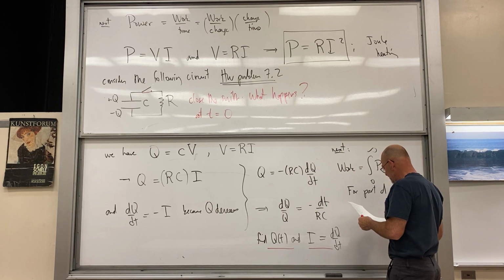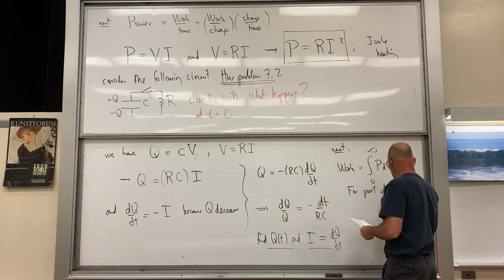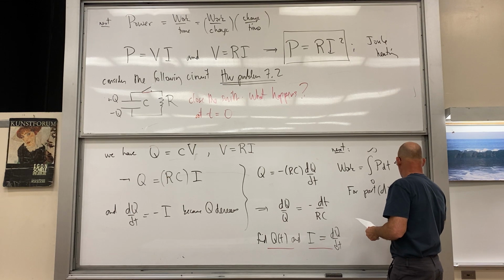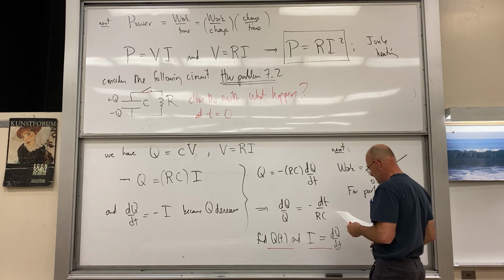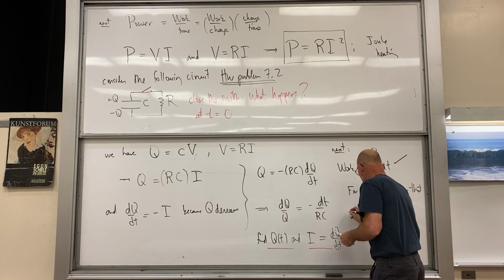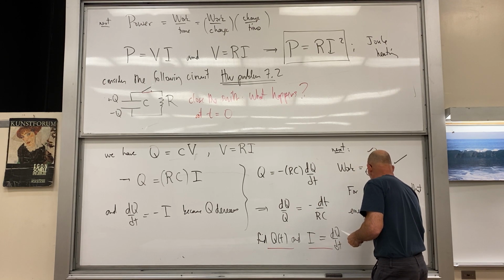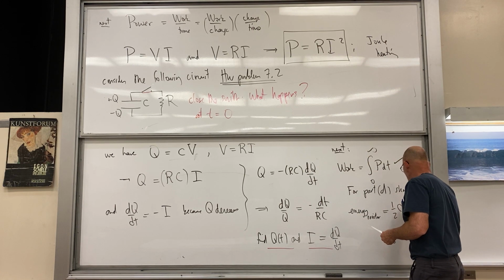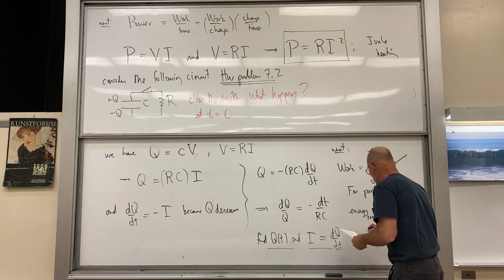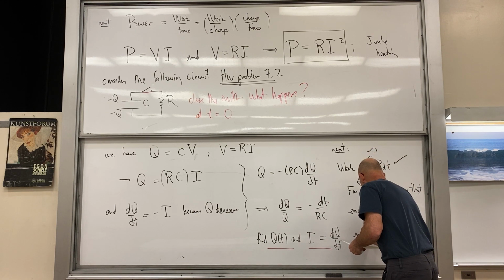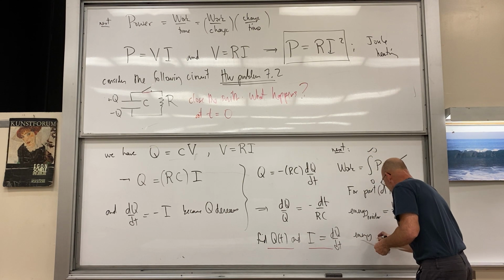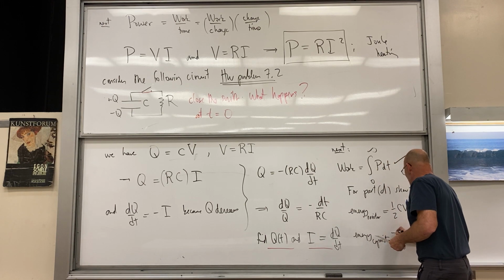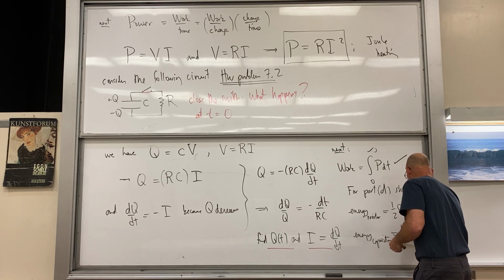So for part D, show that energy sub resistor is 1/2 C V naught squared, and energy sub capacitor is also 1/2 C V naught squared.